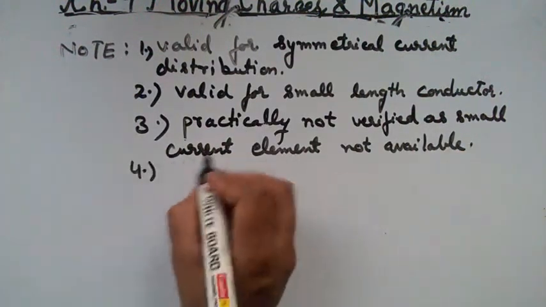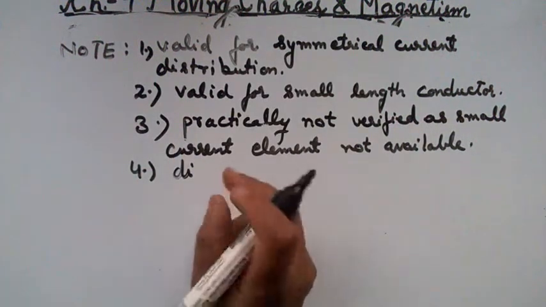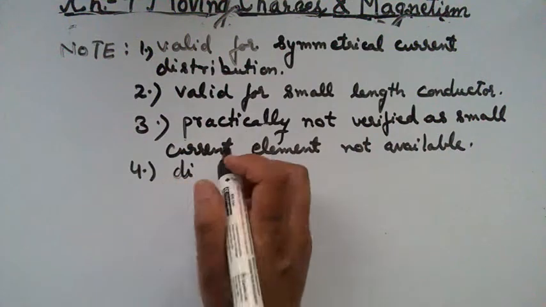And the direction of this dB is perpendicular to current element and r vector.